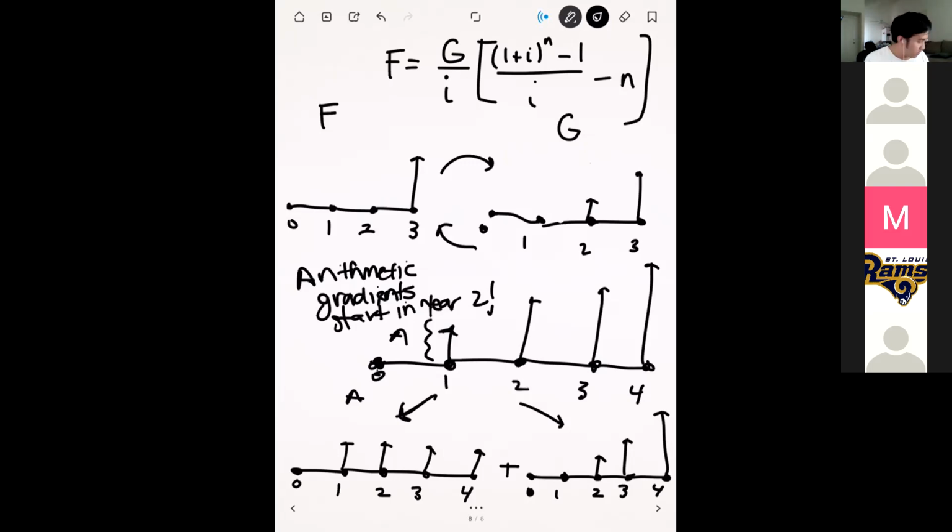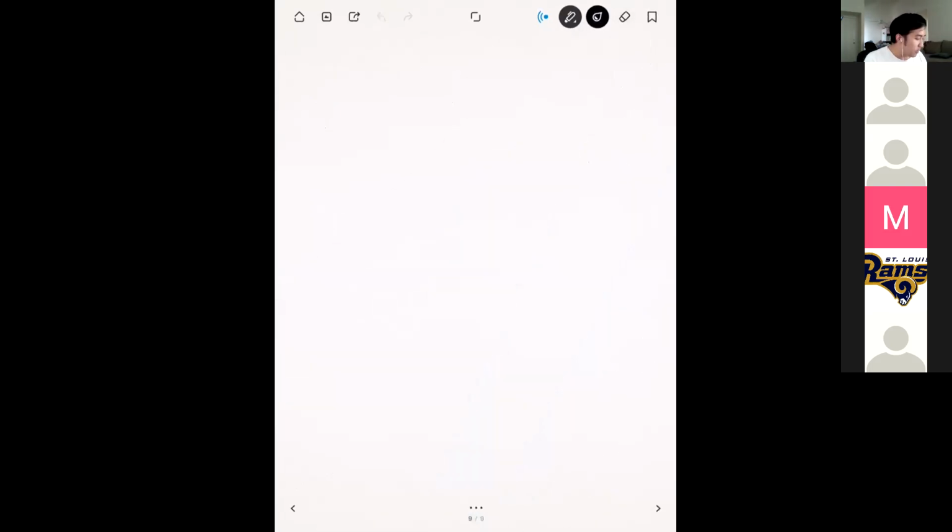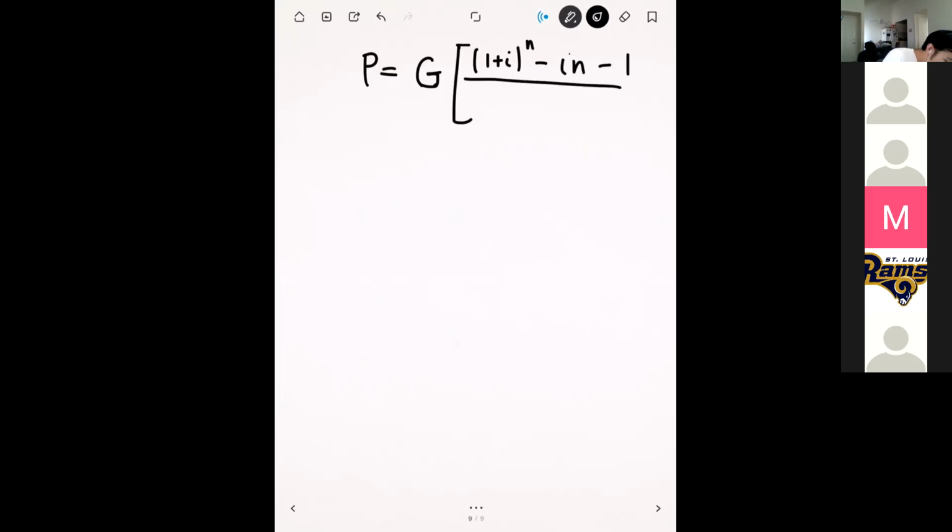Okay, so that's the F and G formula. So now let's do P and G. This one is actually pretty complicated. We have P equals G times the quantity (1 plus I) to the n minus I times n minus 1, all over I squared times (1 plus I) to the n.